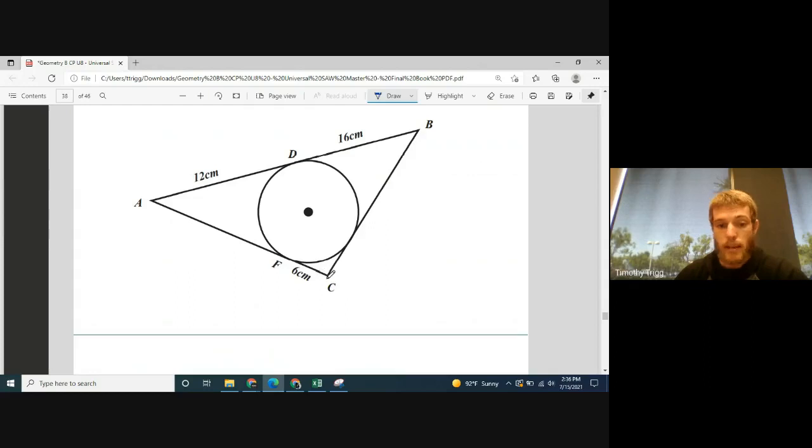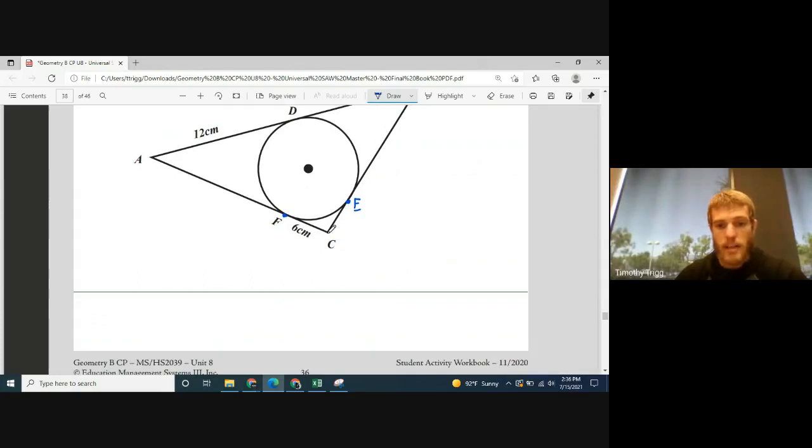For example, here we got point F, and here I'm going to call this point E, where this touches the circle. Notice that CF is 6, and CE should also be 6 because this is tangent and this is tangent, so these need to be congruent. So if this is 6, that means that's 6 as well.